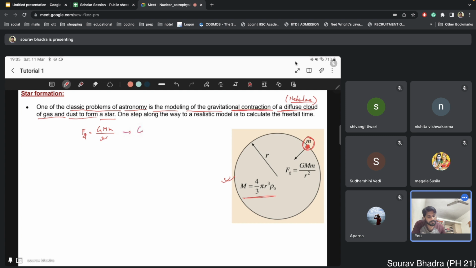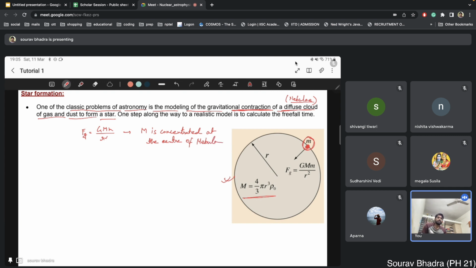This considers that the total mass M of the nebula is concentrated at the center of the nebula.